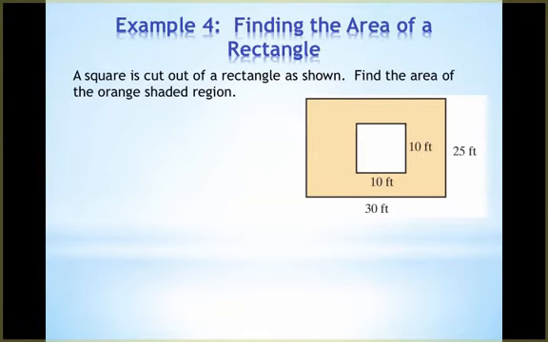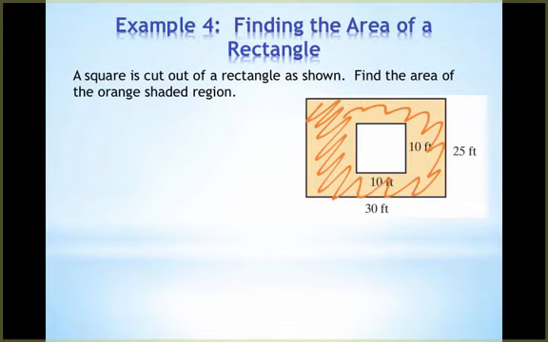Example 4 has us finding the area of a rectangle with a square cut out of it. So we're looking for this enclosed orange area. And what we can do to find that is just find the area of our larger outside rectangle and subtract out the area of the square.